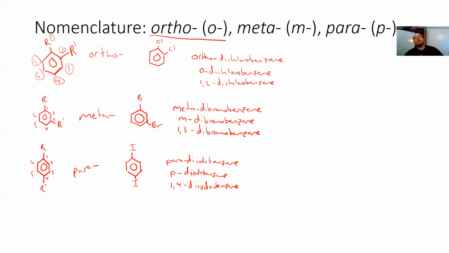Okay, and so those are how we would name various compounds. We can name them based on numbers, or we can name them using prefixes. Okay, so those are ortho, meta, and para positions.